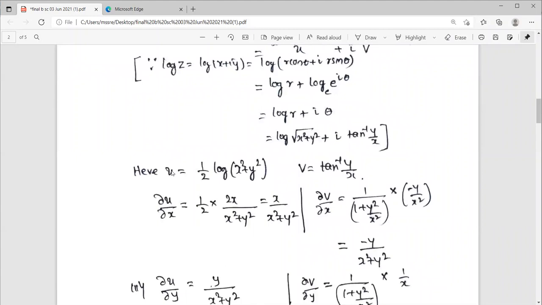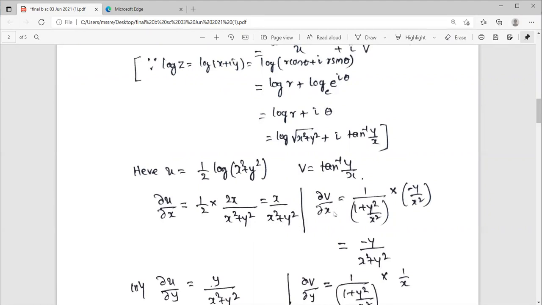Now you have to differentiate partially with respect to x. So delta u by delta x is half of, differentiation of log is 1 by x square plus y square, into differentiation of x square plus y square with respect to x, keeping y constant, which is 2x. So here 2 cancels, and you will get x divided by x square plus y square.